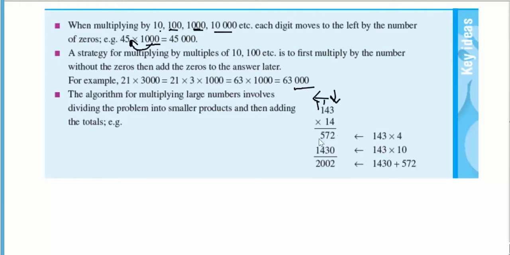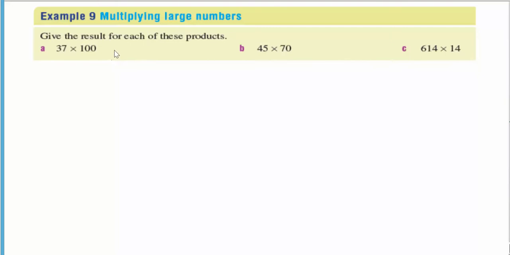Then you add these two together. 2 and 0 is 2, 7 and 3 is 10, write the 0 and carry the 1, 5 and 4 is 9, plus the 1 is 10, so we write the 0, carry the 1, 1 plus 1 is 2, and there's your answer.